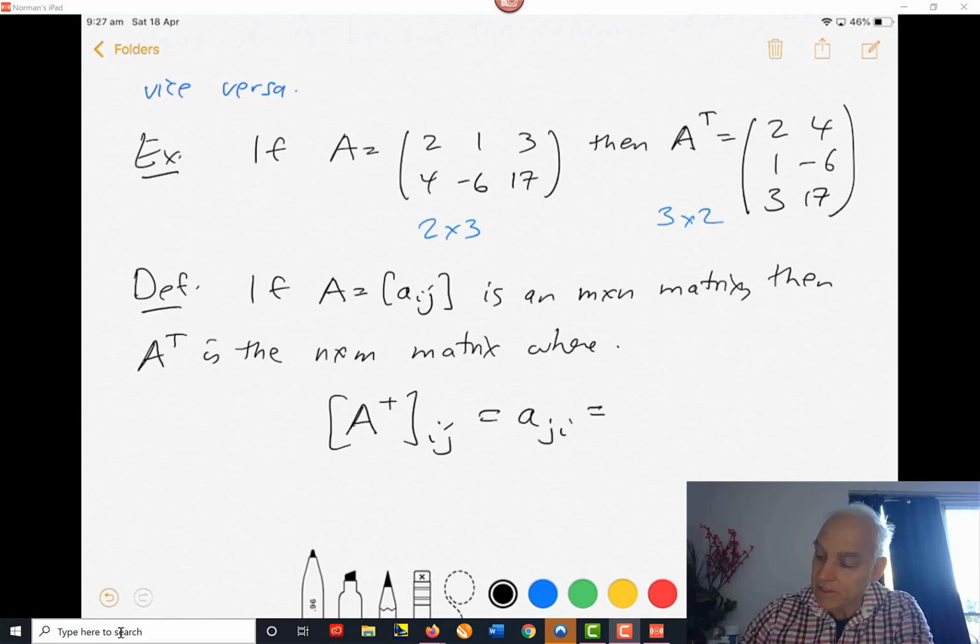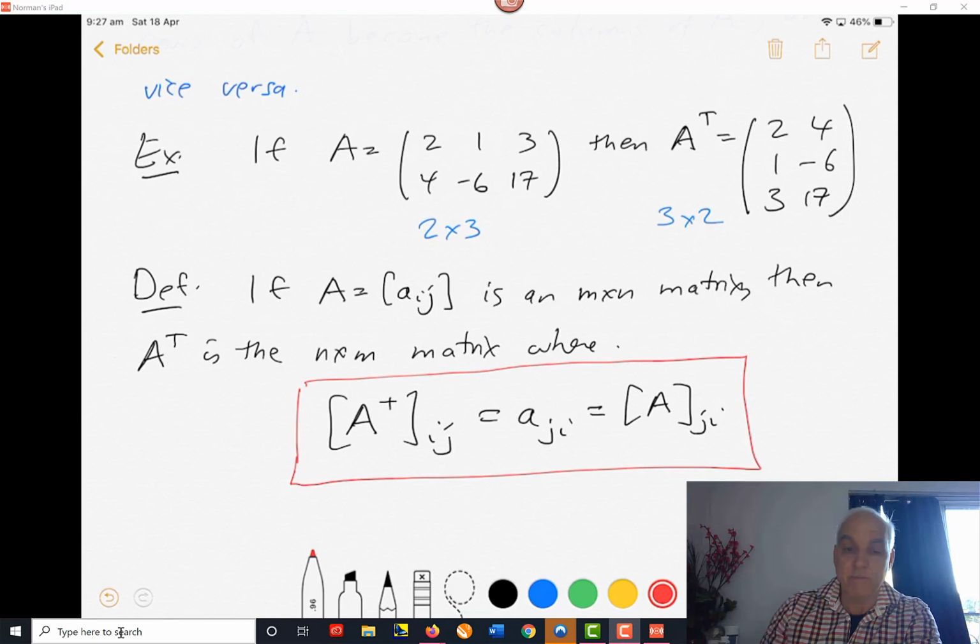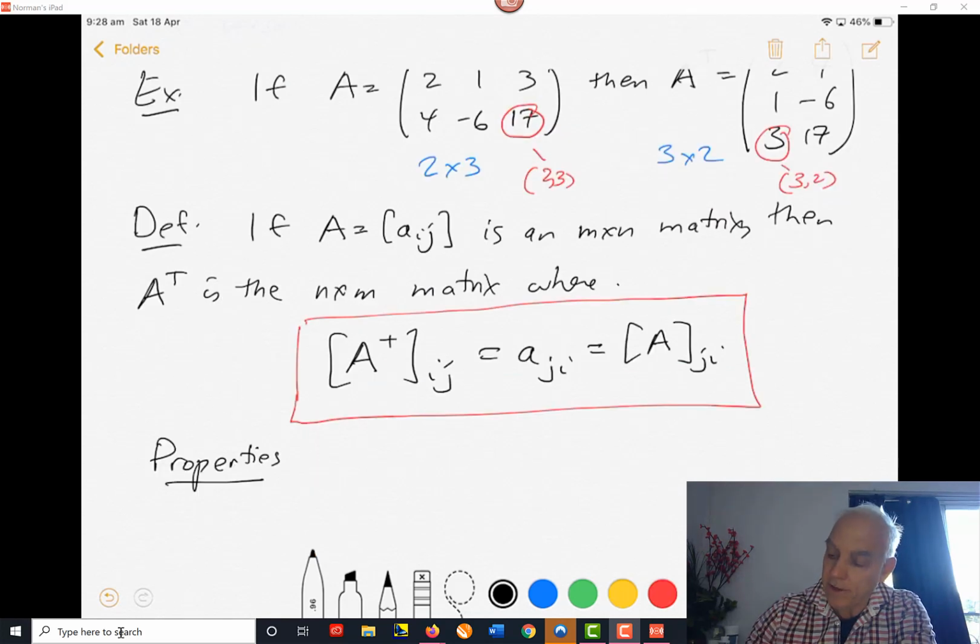In other words, it's the jith entry of A. All right, that's a concise way of describing the relationship between the entries of the matrix A and the entries of the transpose, basically interchanging the indices.